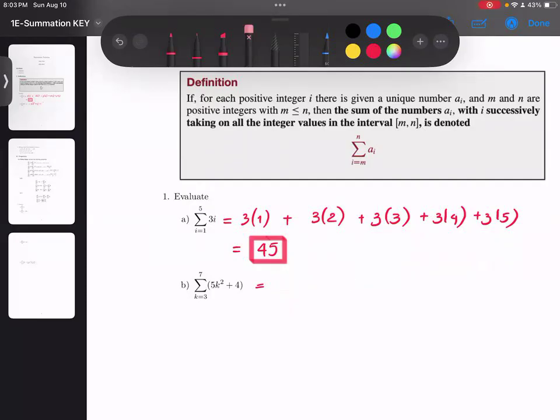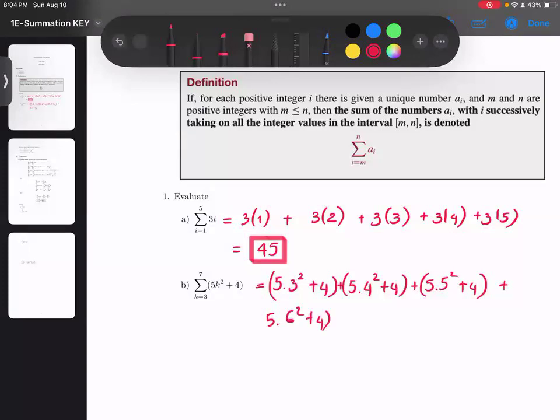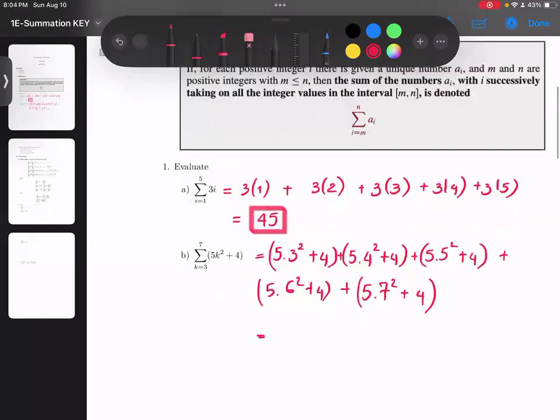Oops, I think I wrote wrong, my bad. 5 times 3 squared plus 4, and then plus 5 times 4 squared plus 4, plus 5 times 5 squared plus 4, plus 5 times 6 squared plus 4, and last 5 times 7 squared plus 4. And our final sum will be 695. I had this calculated beforehand.